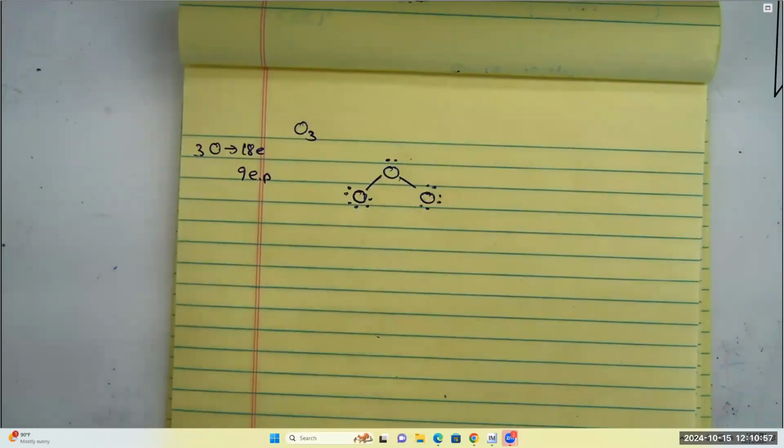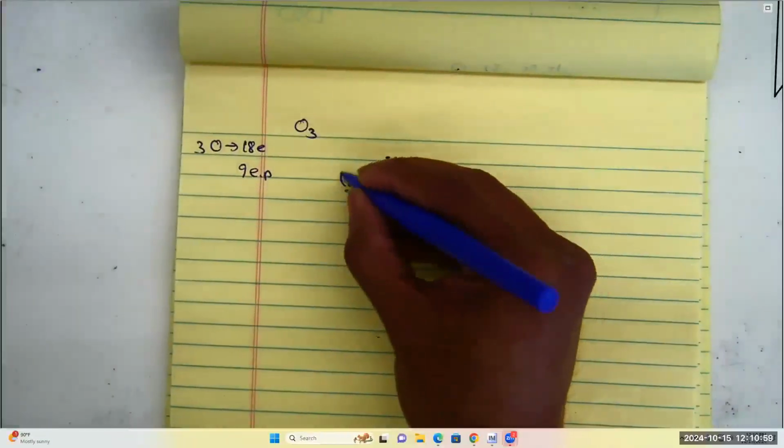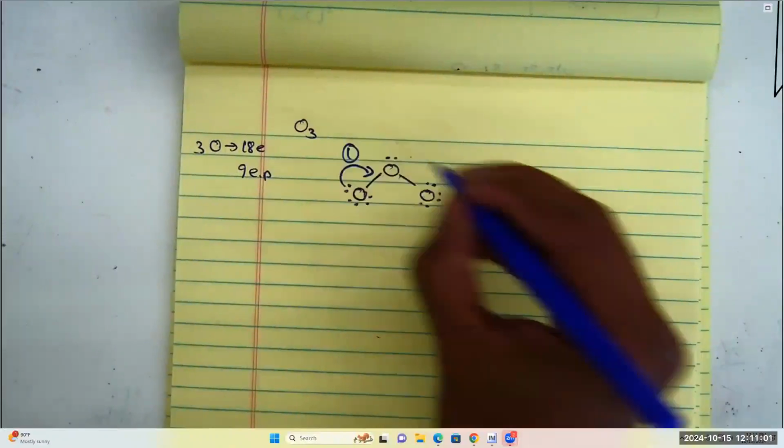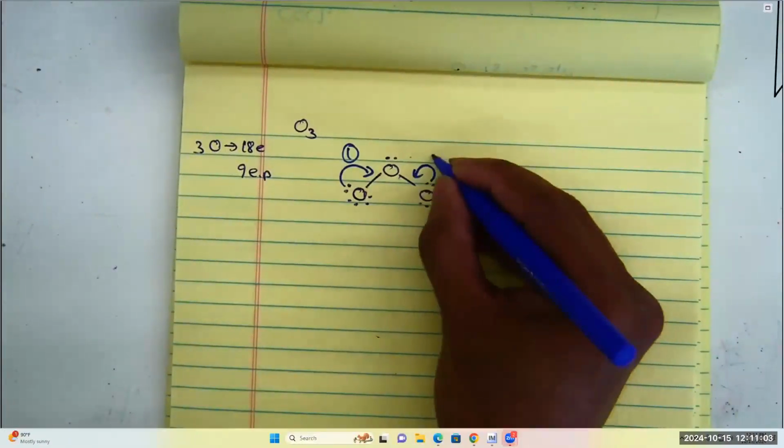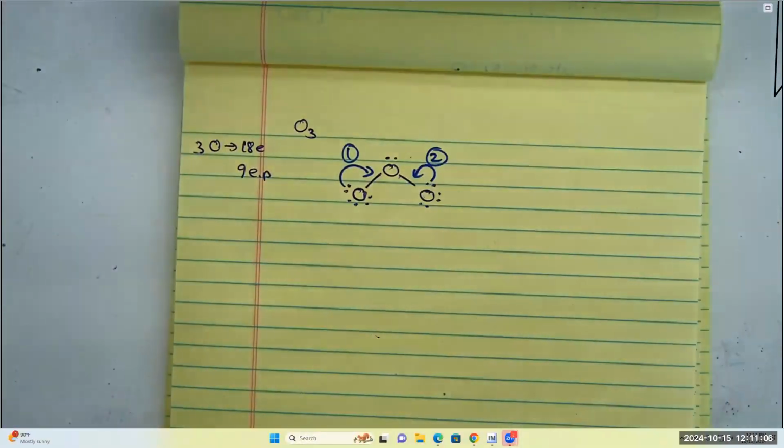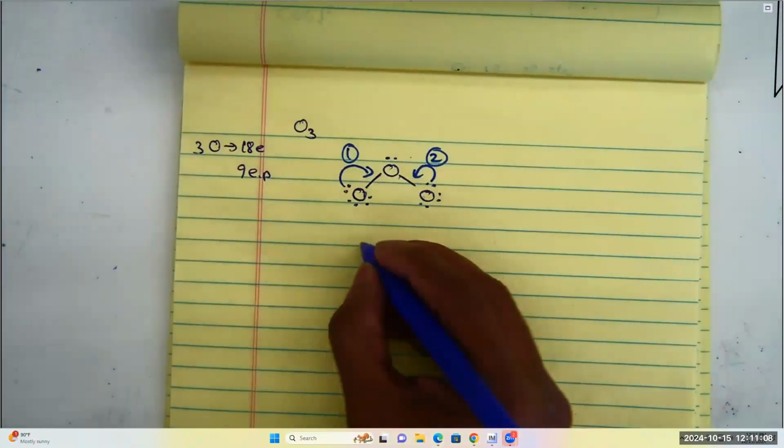So what do we do now? We delocalize. But here's the thing. We can either delocalize from this side, this is option 1, or from this side, option 2. So there are 2 options for our Lewis structure.